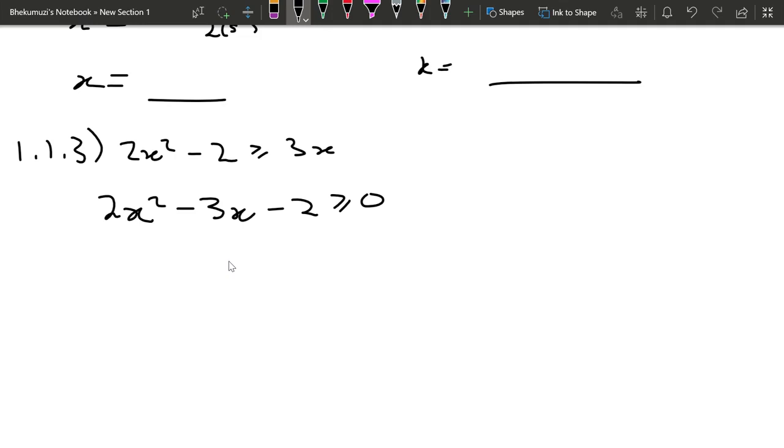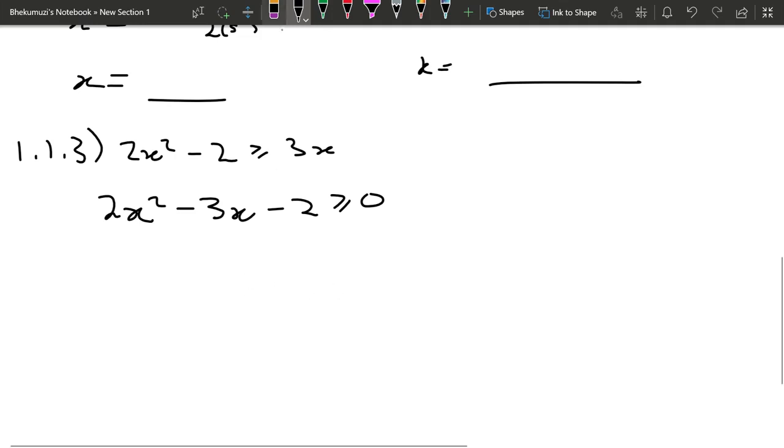But in this case, we have 2x squared minus 3x minus 2. So what can we do? We could either use the quadratic formula, which would give us the answer, or we can try and factorize. Let's see what would happen if we factorize.